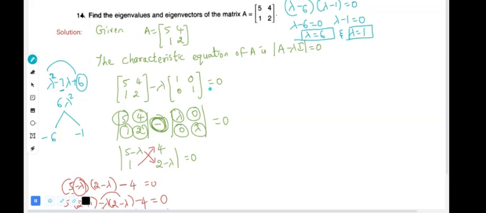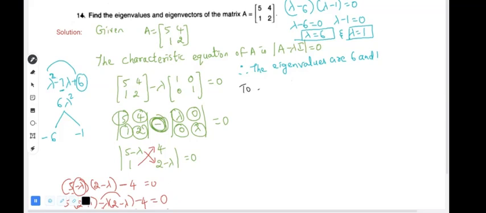So these are the two values we get for lambda. Therefore the eigenvalues are 6 and 1, or you can write 1 and 6. So now we have found the eigenvalues. Now we'll move on to find the eigenvectors.